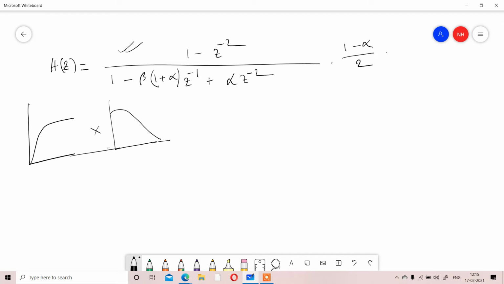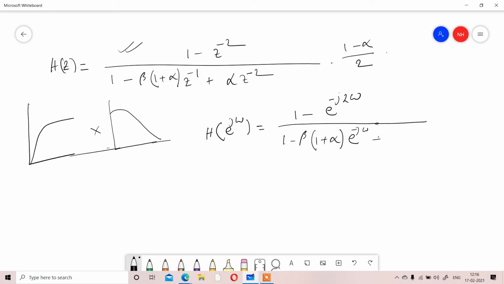Okay. Now in that response, if we check the value of the magnitude, you will get H(e to the power j omega) equal to 1 minus e to the power minus j 2 omega, divided by 1 minus beta 1 plus alpha e to the power minus j omega plus alpha e to the power minus j 2 omega, at omega equal to 0.